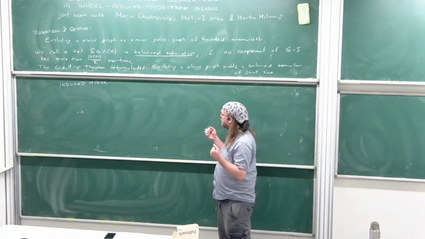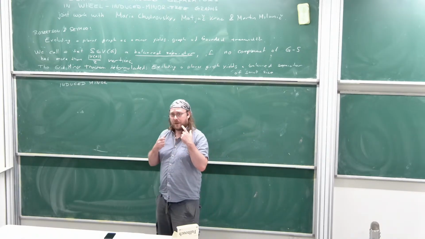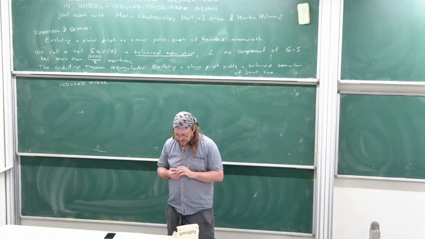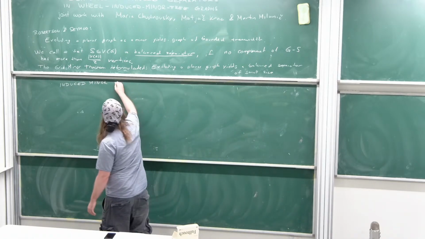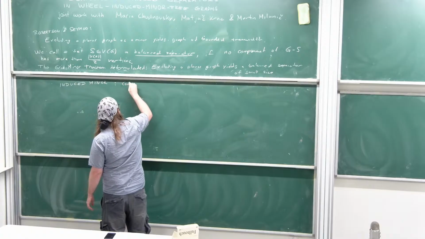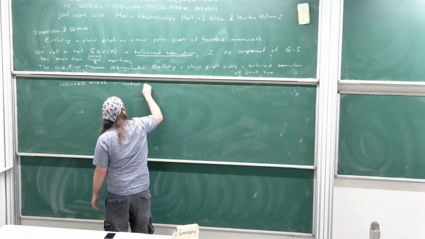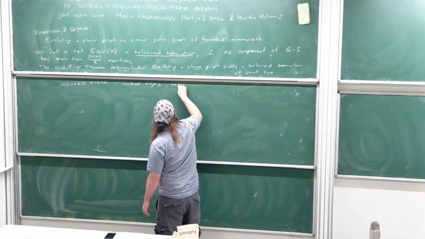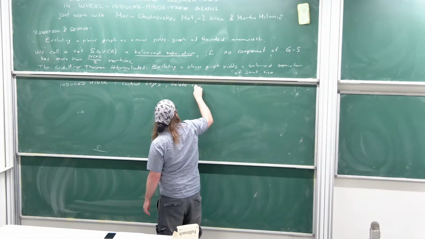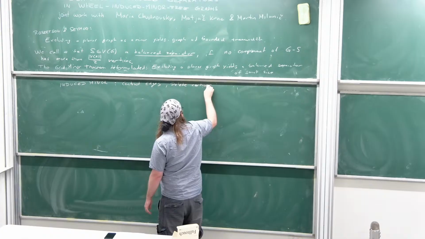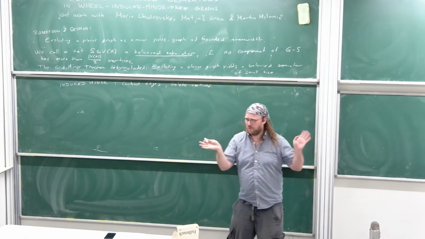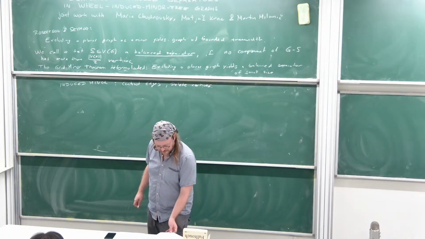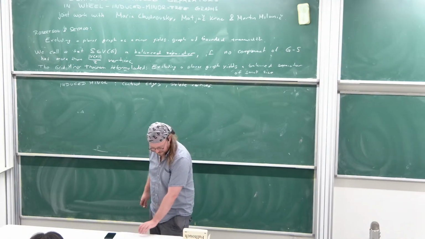In contrast to the usual graph minor operation, we are not allowed to just delete edges. And we get rid of loops, parallel edges, and so on. We shouldn't worry too much about loops and parallel edges for this talk.